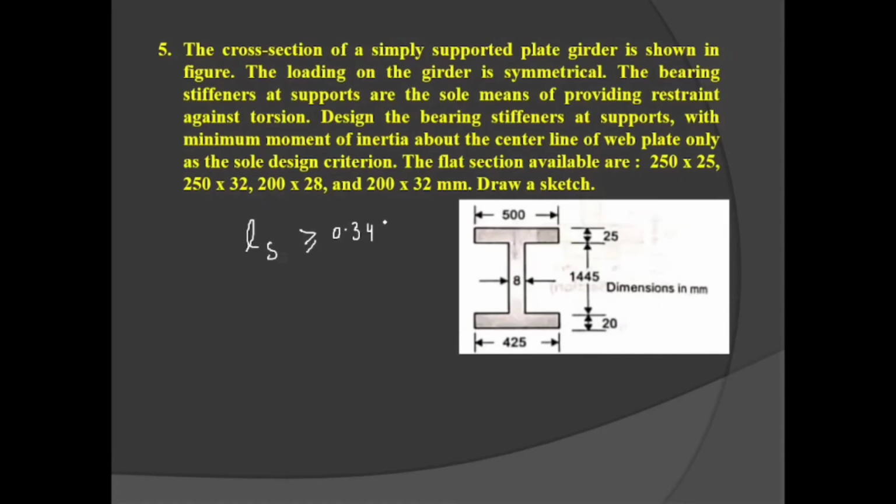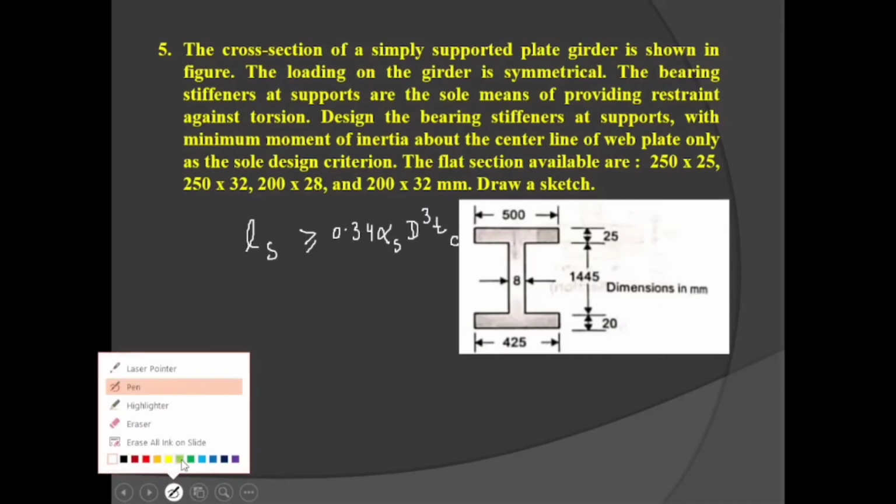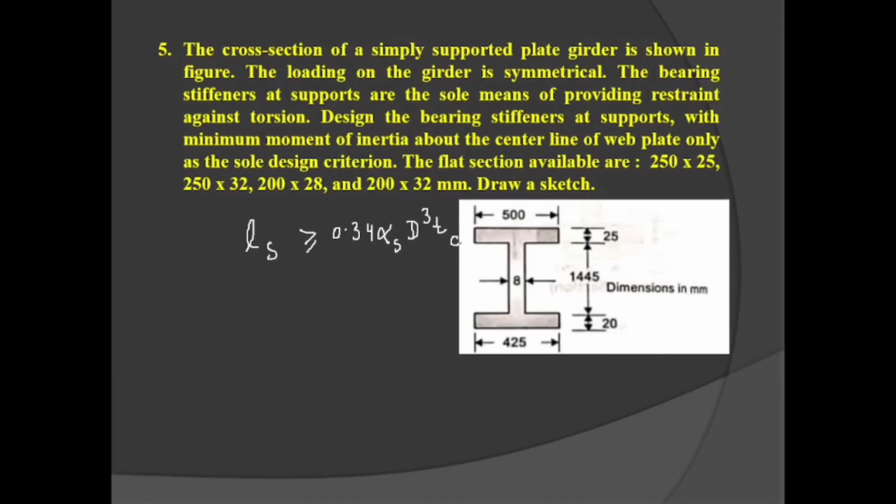alpha S into d cube T, where T is the thickness of the compression flange. This concept we had discussed. Okay, my dear students. So the LS value is this one. Alpha S has different values.